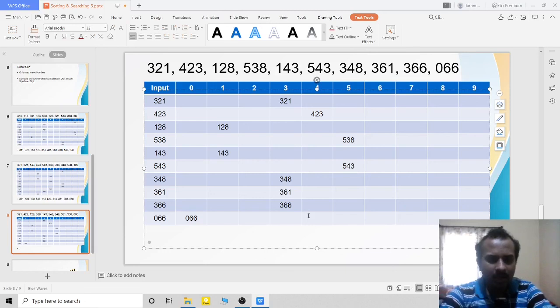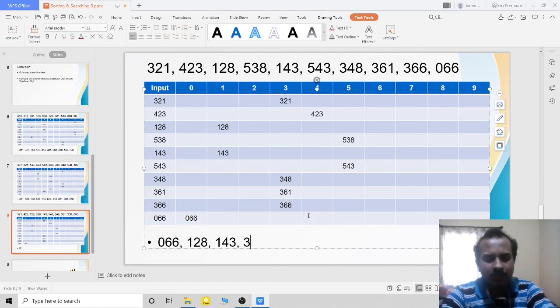I'll first check the 0th column. Only one element is present, that is 066. Then 128, and then 143. Then let me check the 2. Nothing is present in the 2.